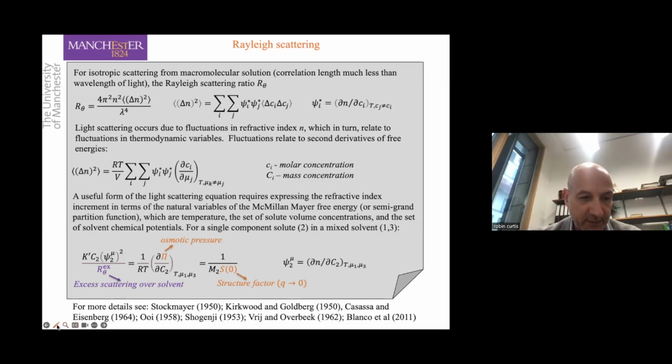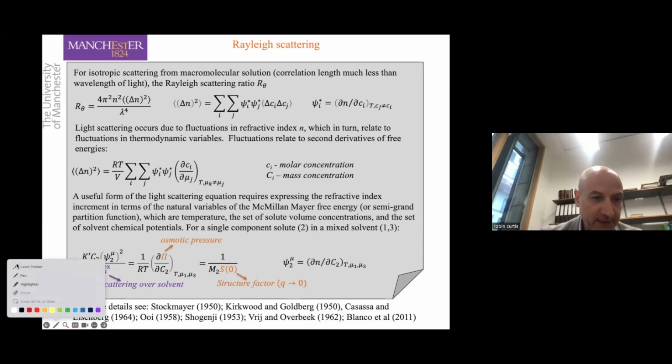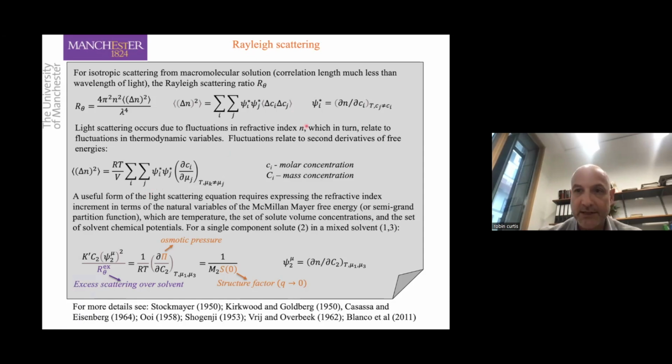If we express the refractive index fluctuations in terms of volume concentrations, we have these refractive index increments, which are measured at constant volume concentration. The connection to thermodynamic properties is made by noting that fluctuations are related to second derivatives of free energies. That allows us to write the light scattering equation in terms of these derivatives, which are related to Kirkwood-Buff integrals.